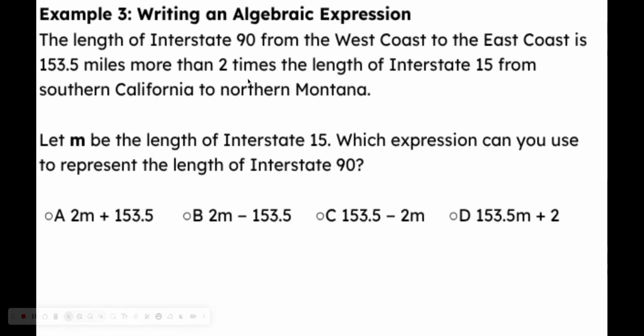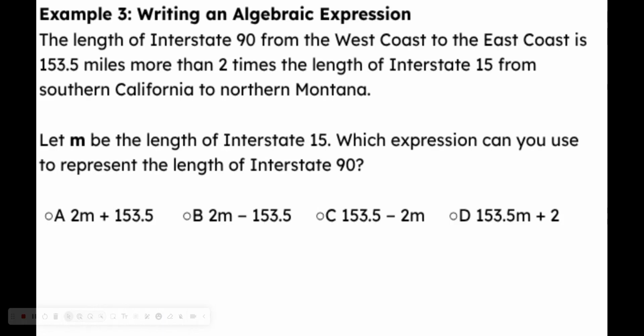So the length of Interstate 90 from the west coast to the east coast is 153 miles more than 2 times the length of Interstate 15 from Southern California to northern Montana. We're going to let M be the length of Interstate 15, and we're going to choose which expression we can use to represent the length of Interstate 90.